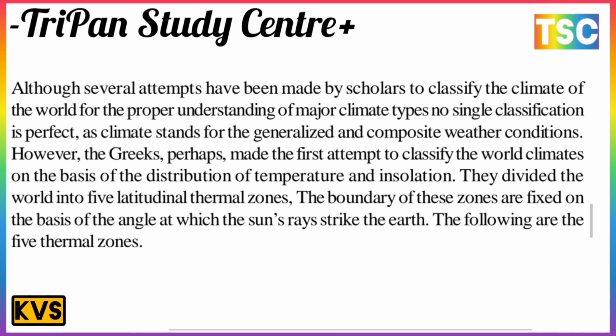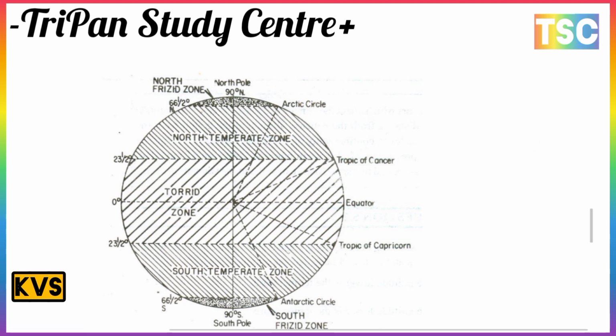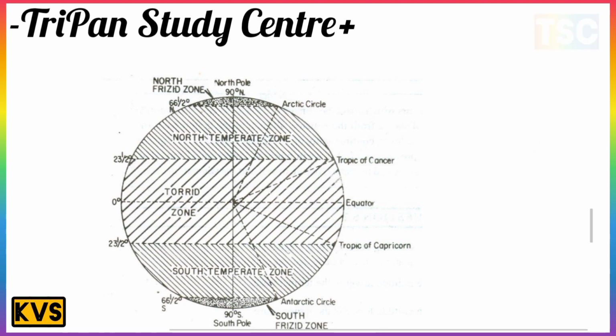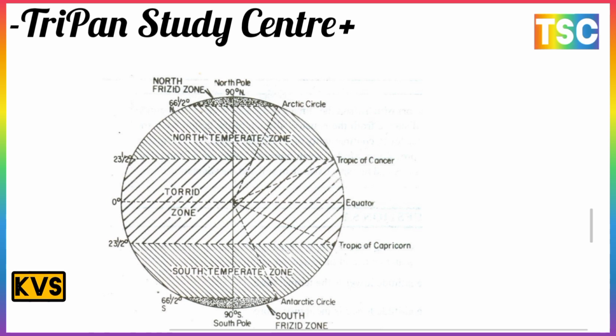The five thermal zones are the northern freeze zone, northern temperate zone, torrid zone, southern temperate zone and south freeze zone.